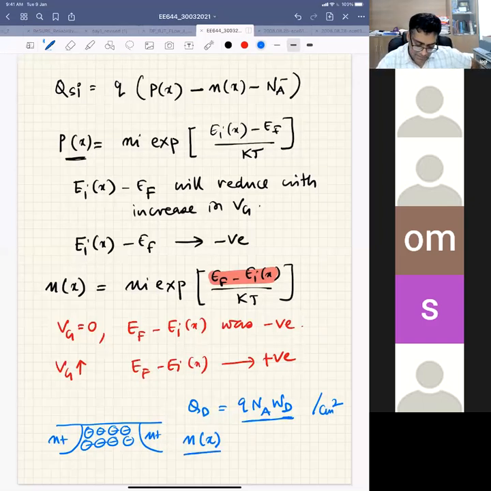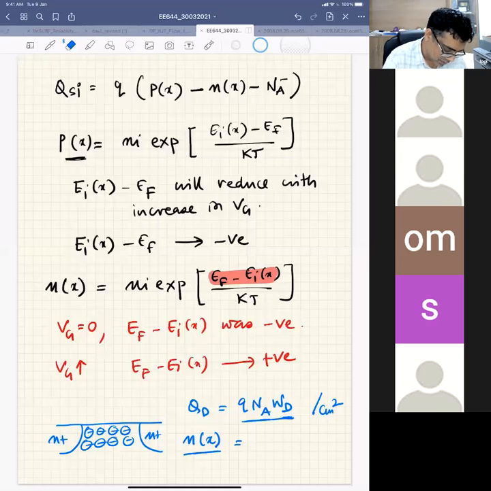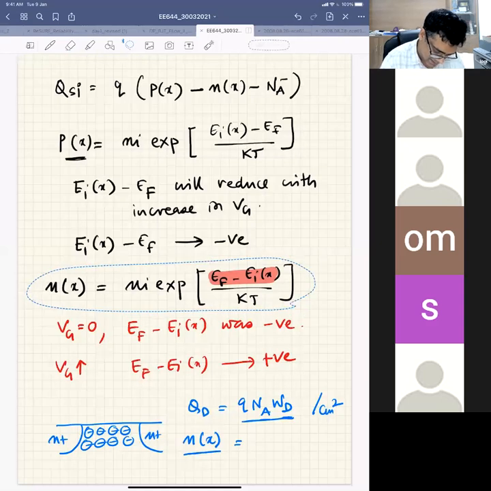So the total number of electrons, you see at the surface, I could do some math here.